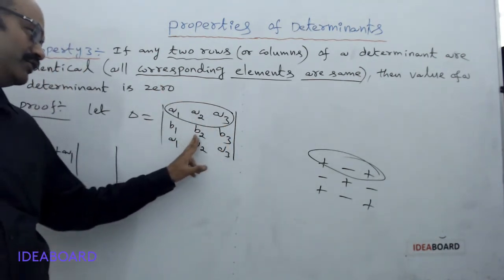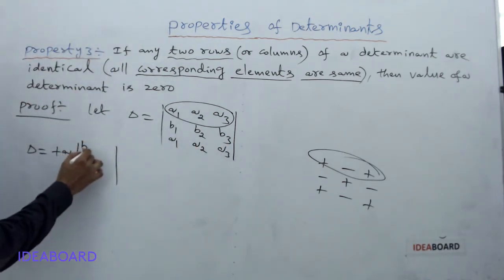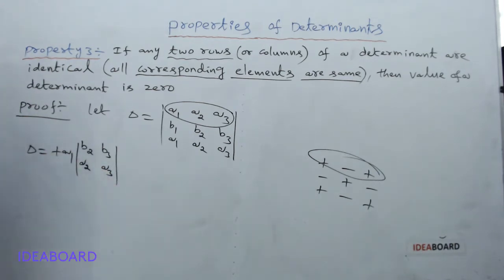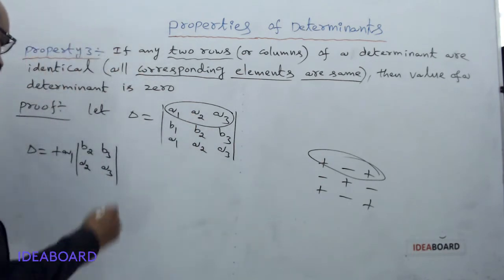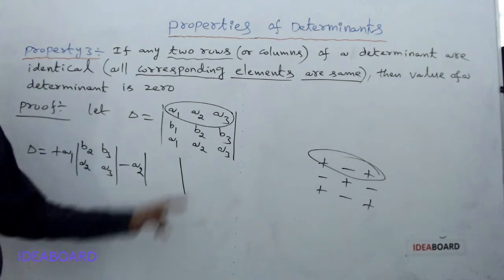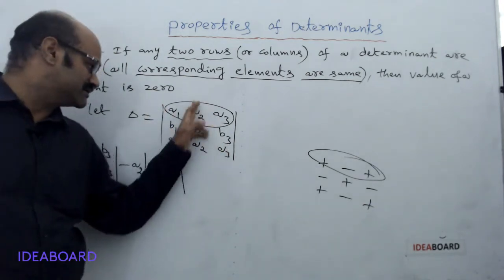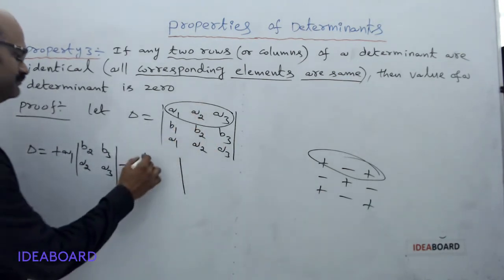Next, minus A2 into the determinant of B1, B3, A1, A3, since A2 lies in the first row and second column.